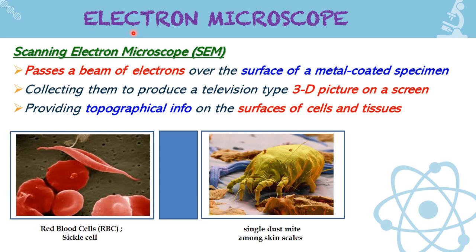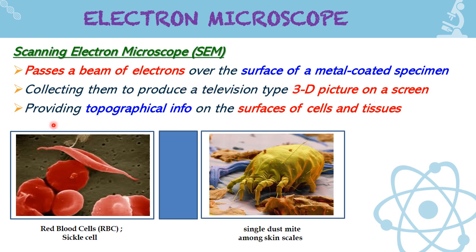The second type of electron microscope is the scanning electron microscope, or SEM. For the scanning electron microscope, the electron passes over the surface of a metal-coated specimen, and it will be collected to produce television-type 3D pictures on a screen.